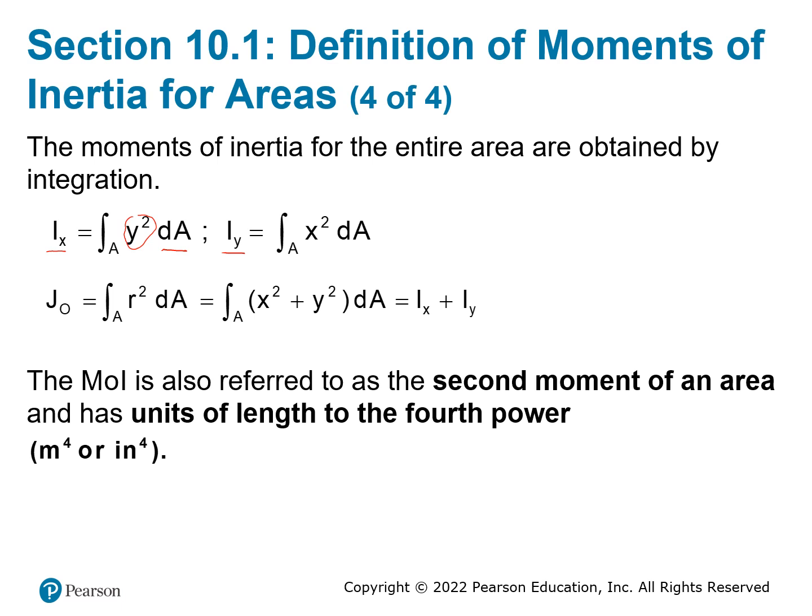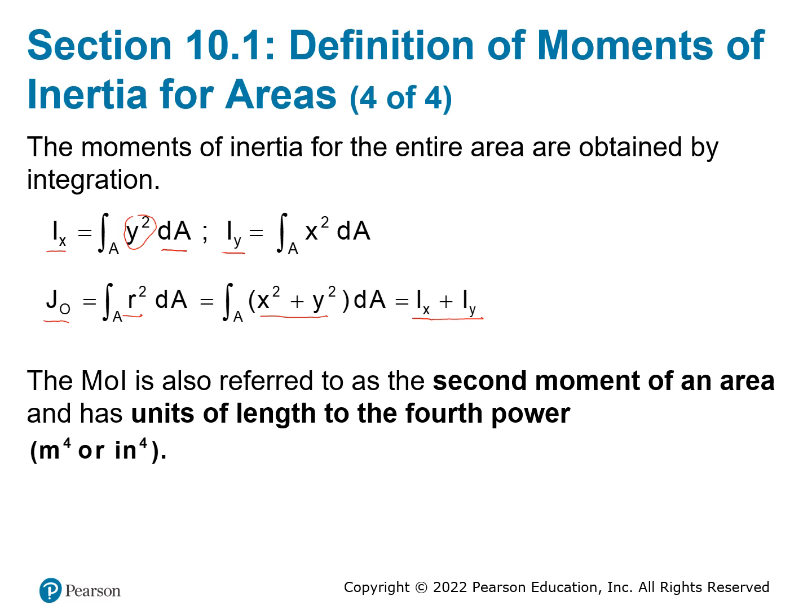Now, if you look at another one, this one is the polar moment of inertia. When you do a polar moment of inertia, you're looking at the radial distance. If you define this as the radial distance, this r squared is equal to x squared plus y squared. So this J here is going to be equal to Ix plus Iy. By definition, Ix and Iy are the integrals of y squared dA and x squared dA.